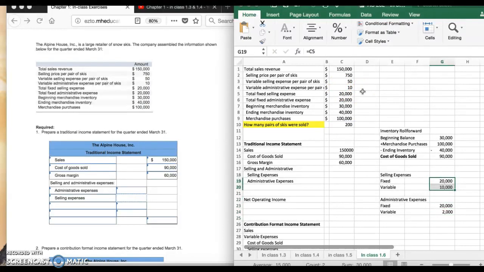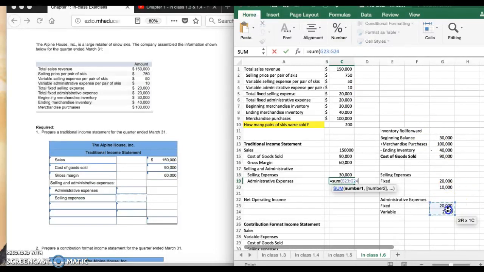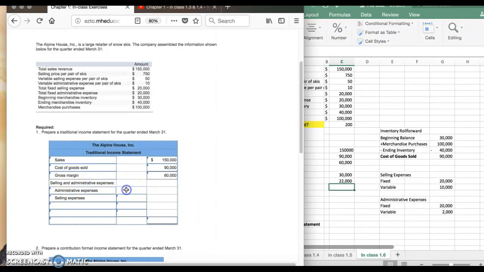So if we add these two together, equals the sum of these two numbers, right? And this equals the sum of the administrative expenses, okay? So administrative expenses, $22,000. And our selling expenses are going to be $30,000.